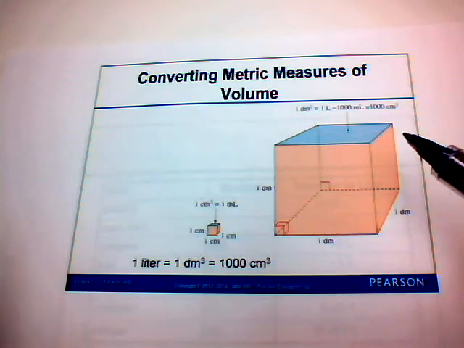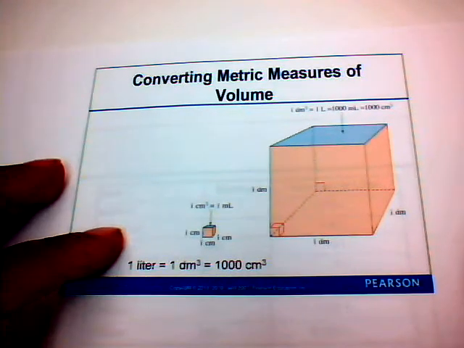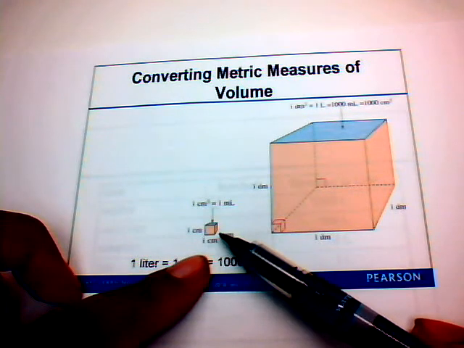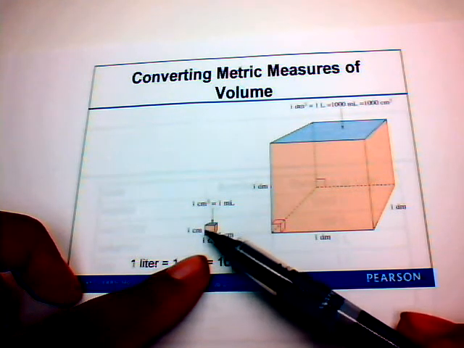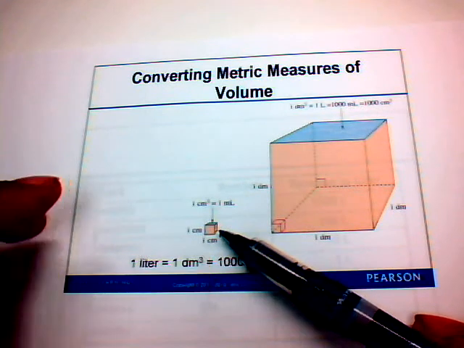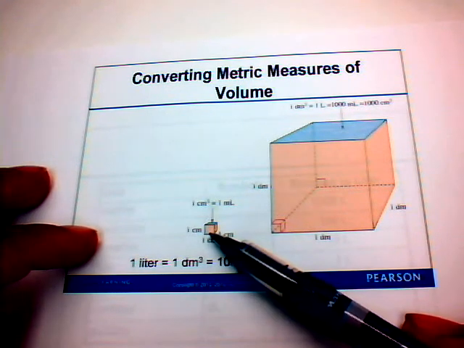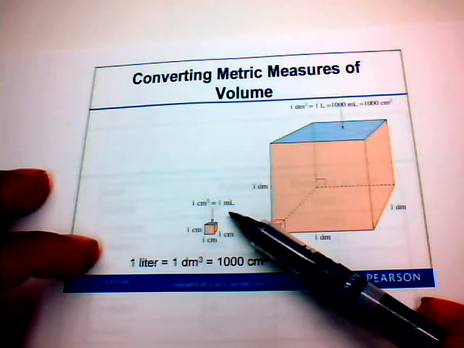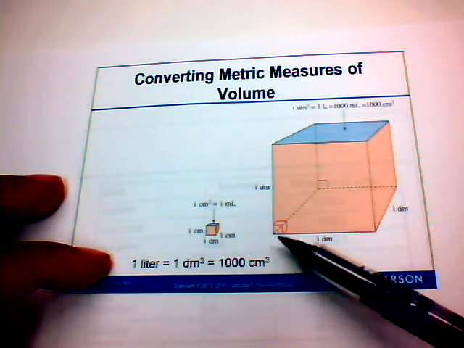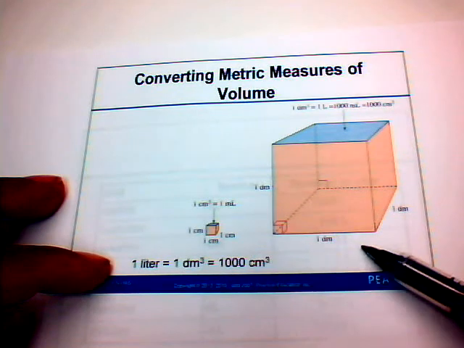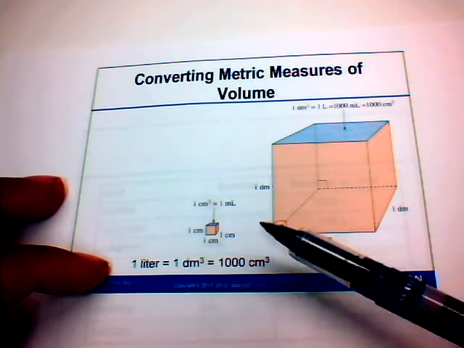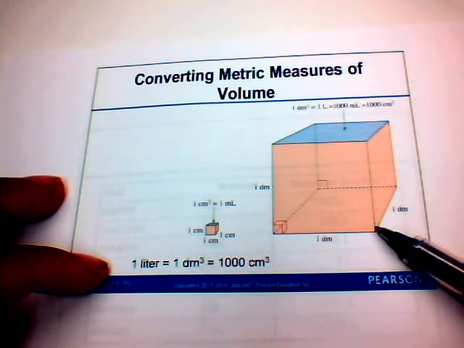Now in this case, if you take a look at this particular problem here, we got a cube with 1 centimeter on each side. So that means the volume is 1 cubic centimeter, which is going to be equivalent to 1 milliliter. And if that's the case here, you have 1 decimeter going across.